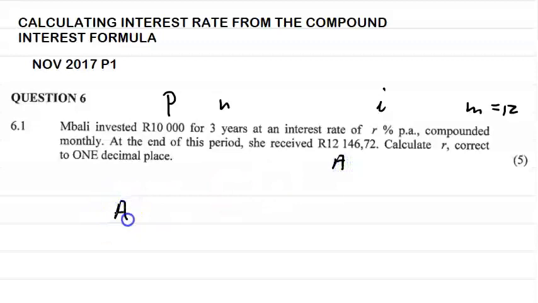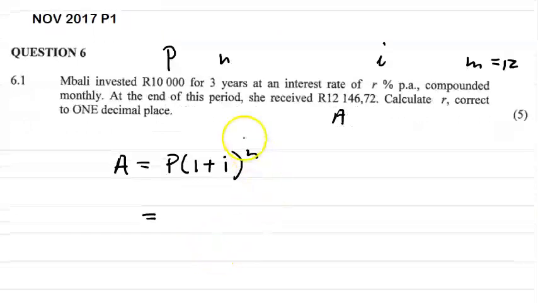Therefore, let's write down the formula that we are using. The compound interest formula is A equals P into (1 plus i) to the n. And let's substitute all the values that we have. So 10,000 is my P value, or the initial amount invested.